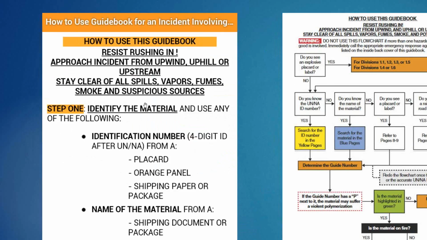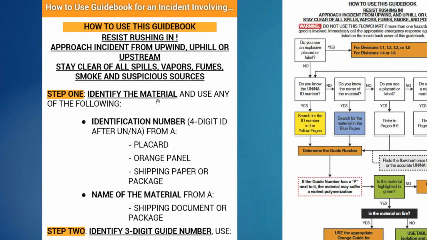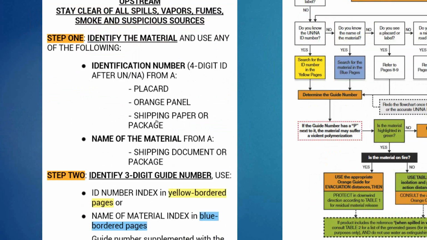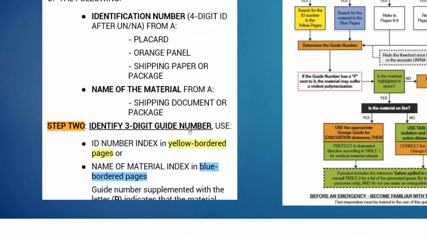Okay. So how to use the guidebook. This one I love. Resist rushing in. Approach incident from upwind, uphill, or upstream. Stay clear of all spills, vapors, fumes, smoke, and suspicious sources. So identify it. Step 2 is identify the 3-digit number and then use your numbers.